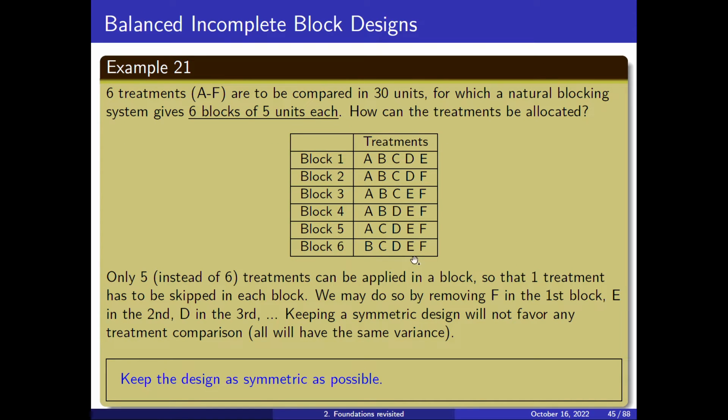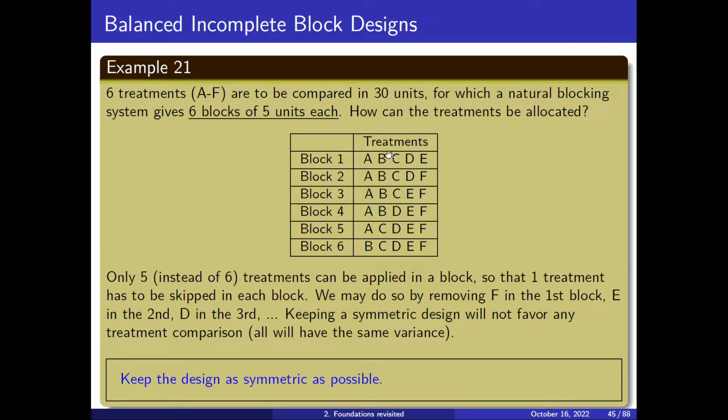Let's say that you cannot. So you have to apply 6 treatments on 30 units, and you can only apply 5 of the treatments in each one of the blocks. So you will have 6 blocks, you will apply 5 treatments per block, and then you try to keep symmetry some way.